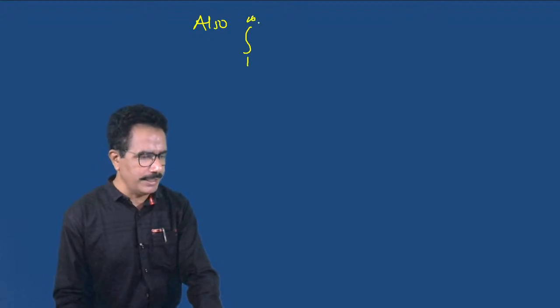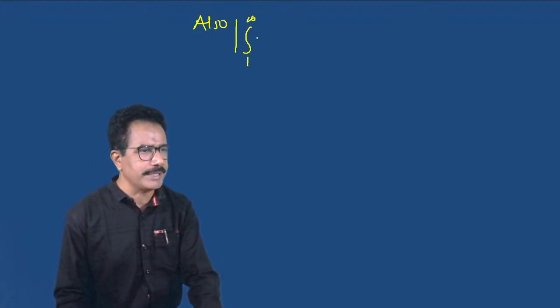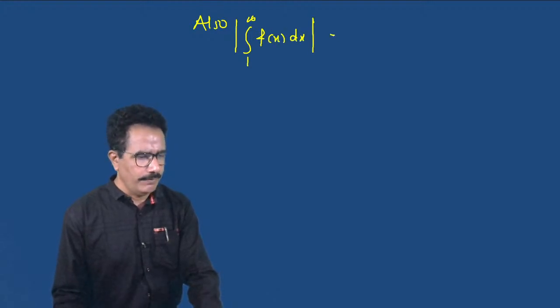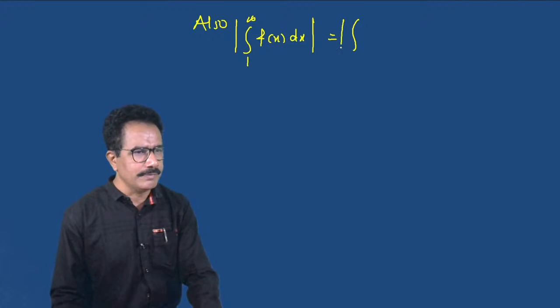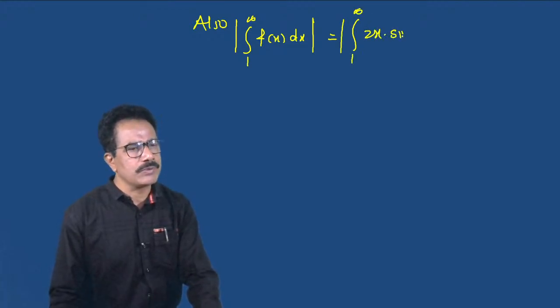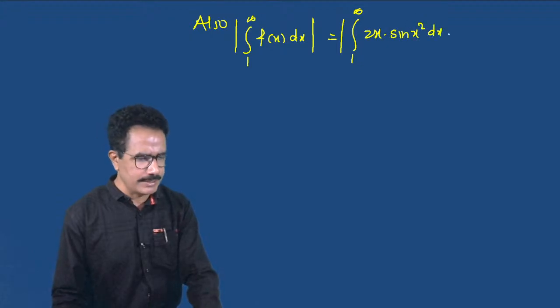Also we shall discuss the second test. Now integral from 1 to infinity, take mod of f of x dx, which is equal to integral from 1 to infinity 2x into sin of x square dx.